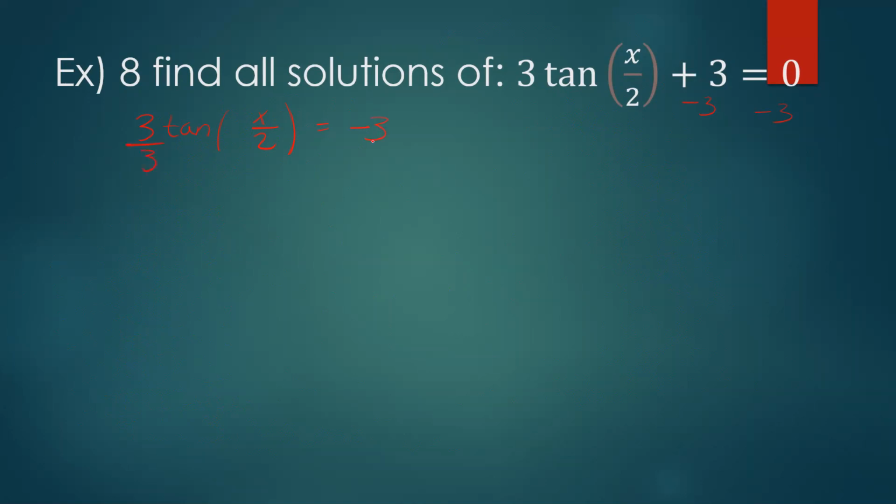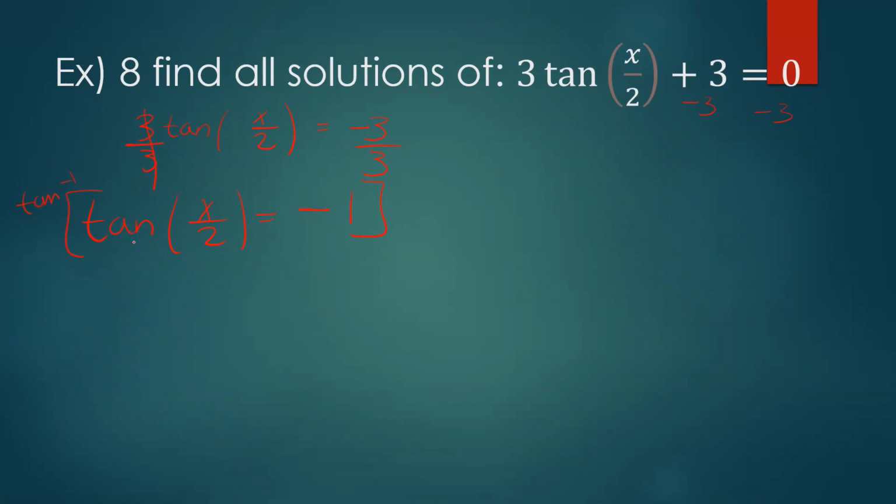Then I would divide both sides by 3. This cancels, so you're left with tan of x over 2 equals negative 1. Then what you can do is get rid of the tan by multiplying everything by tan inverse.